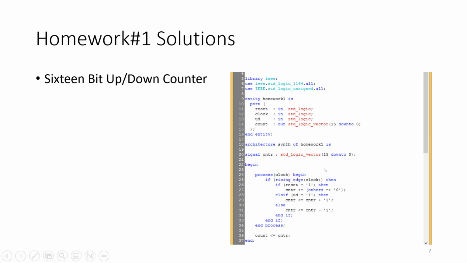Of course, we have 16-bit. If up-down is high, I'm incrementing the counter. Else, if up-down is not high, it will be 0, and now I am decrementing the counter by 1. So this is the difference between those two.